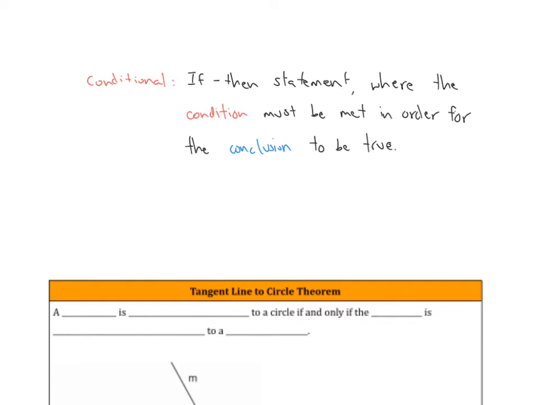So the basic idea is that you have some sort of condition, some sort of requirement. And then once that condition or requirement is met, it's been checked off, it happens, then your conclusion happens as well. Here's an example. Here's an if-then sentence. If it rains, you will need an umbrella.